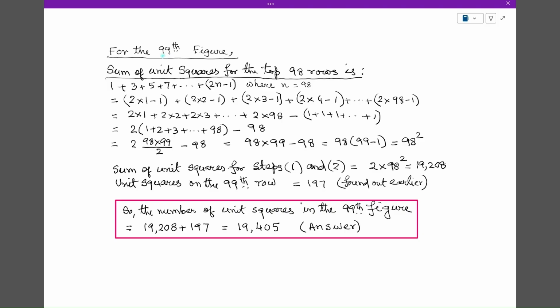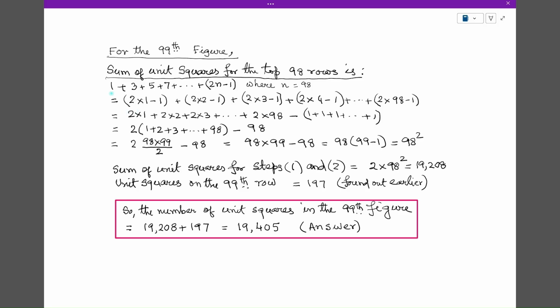For the 99th figure, the sum of the unit squares for the top 98 rows is 1 plus 3 plus 5 plus 7. It will go on until 2n minus 1, where n is 98, the number of rows.